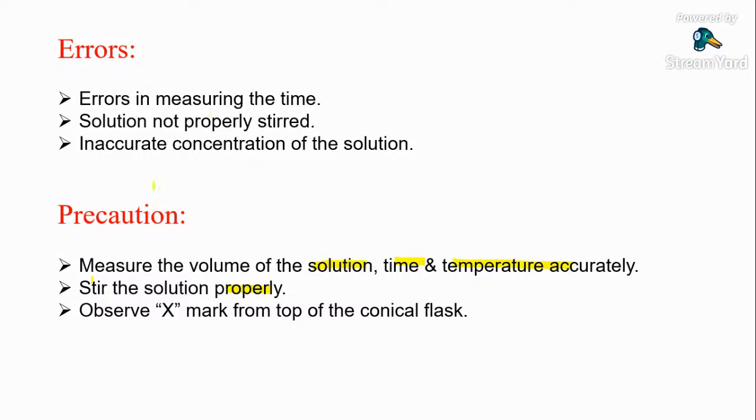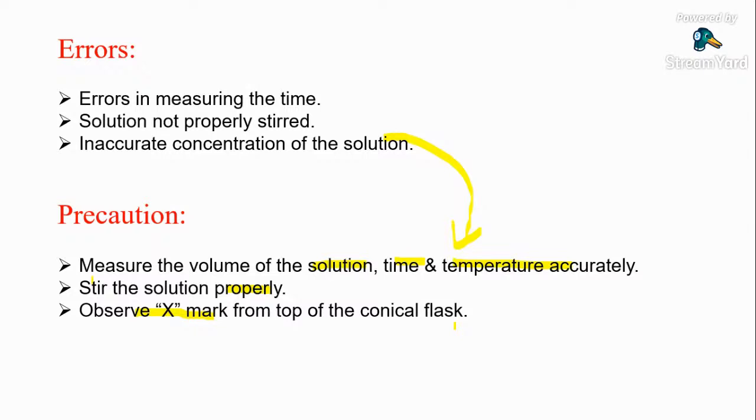Another precaution step: observe the X mark from the top of the conical flask. Meaning that when you do this experiment, have the same person observe the X mark. Don't change, because with two of you, the point of view is different. Keep the same person to observe the X mark from the top of the conical flask. Okay, clear?